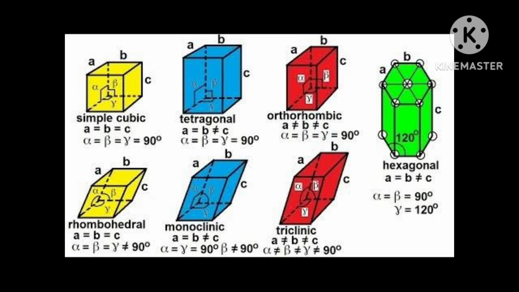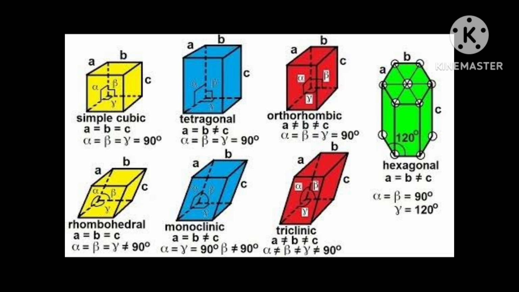Already last class I discussed. In the body centered condition, in each corner there will be a particle, and after that, in the middle of the body, 1 particle will be there. This is the second possibility.